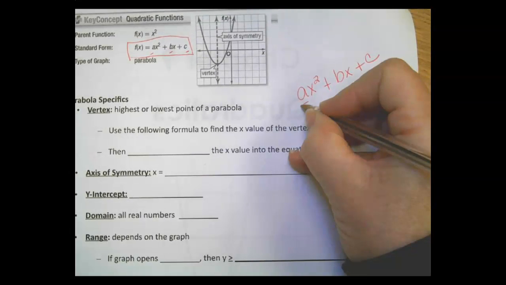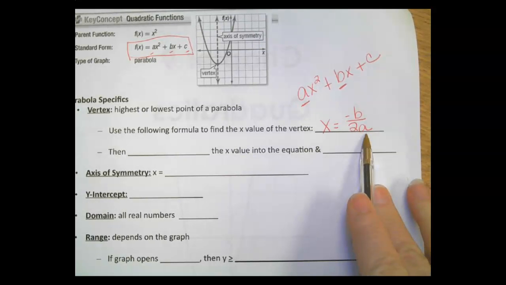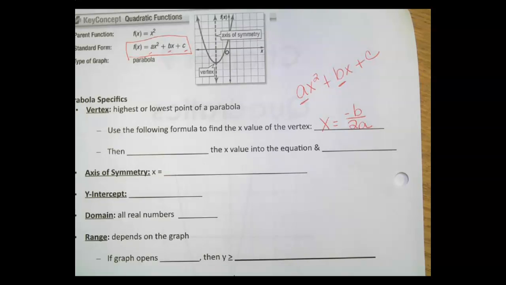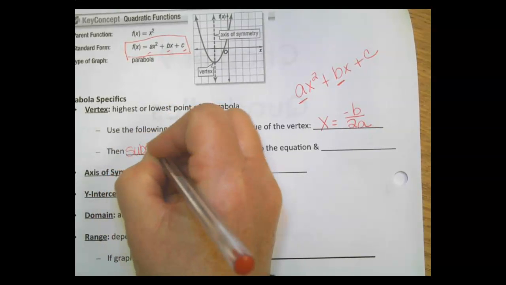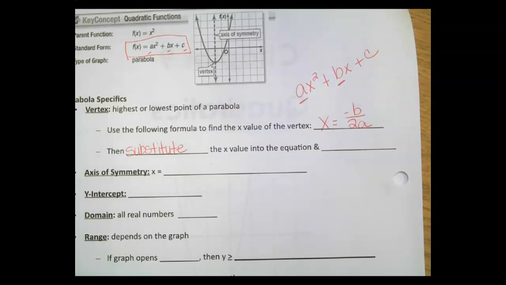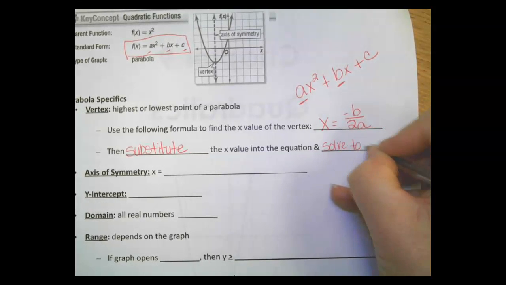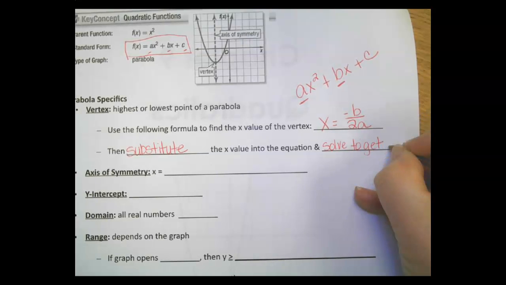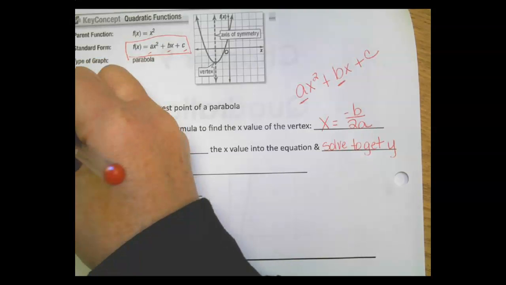So you're grabbing these values from it. And that's how you get your vertex. Then you will substitute that value into the equation and solve to get y. Okay, so then you end up with an x, y coordinate.